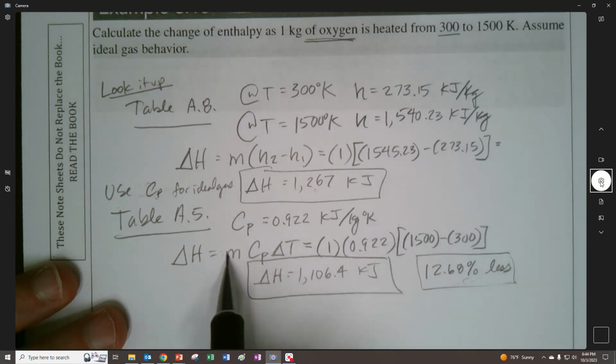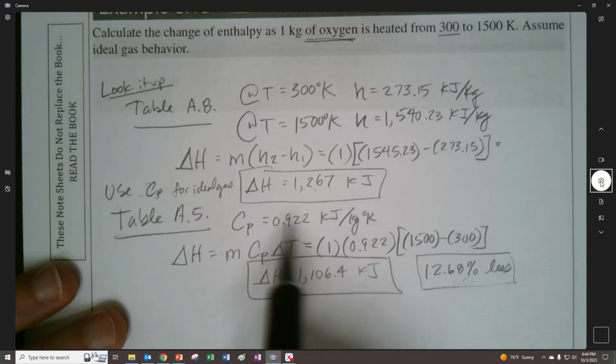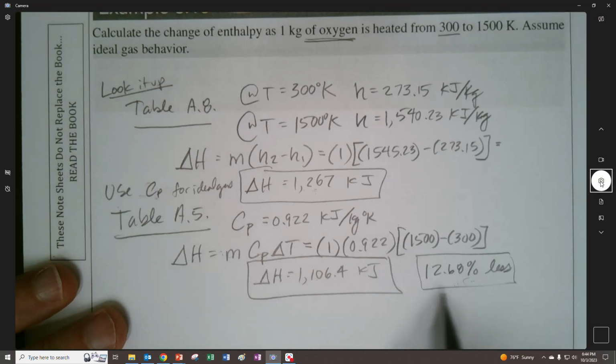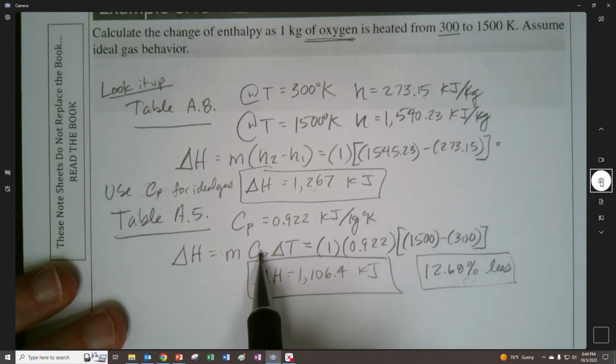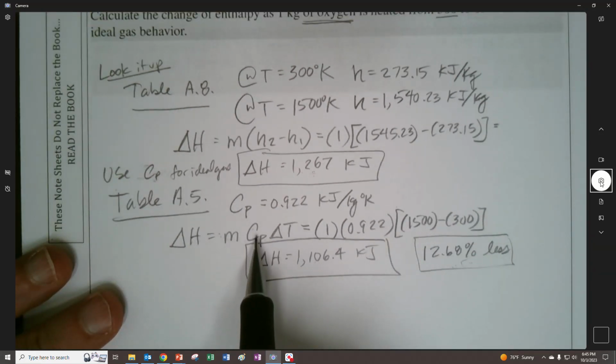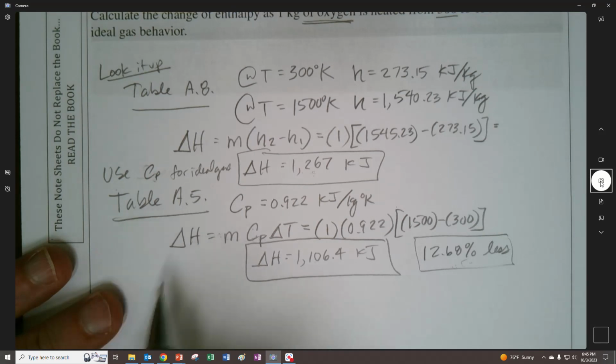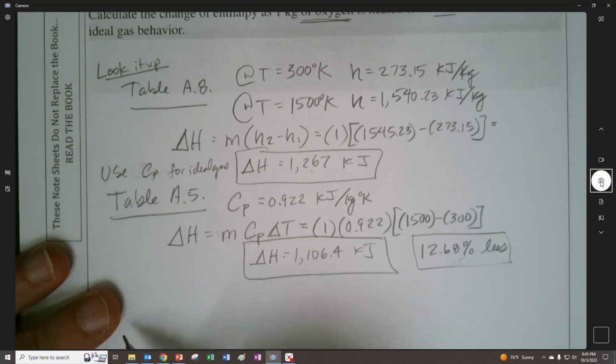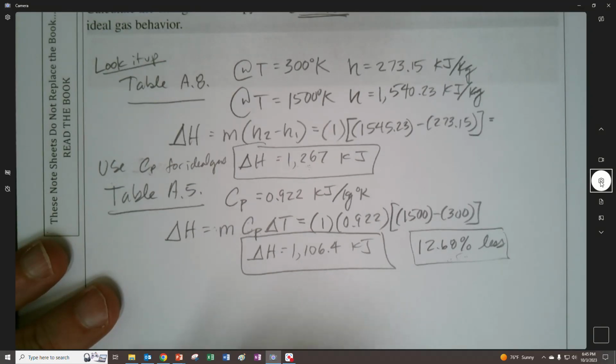So using a constant specific heat is not necessarily a great approximation, but it's a necessary approximation quite a lot of times for certain things. Sometimes we do something called an air standard cycle when we're looking at engines that operate on air, like gas turbines and internal combustion engines.